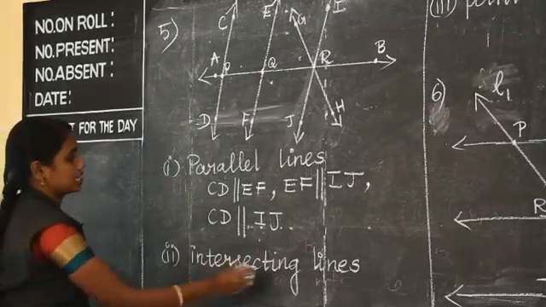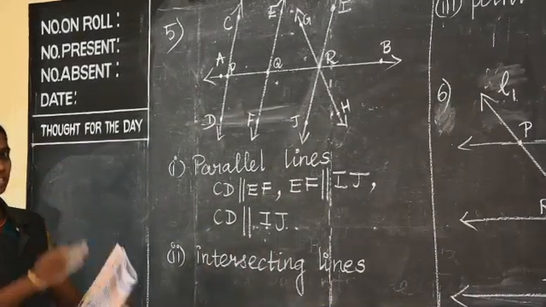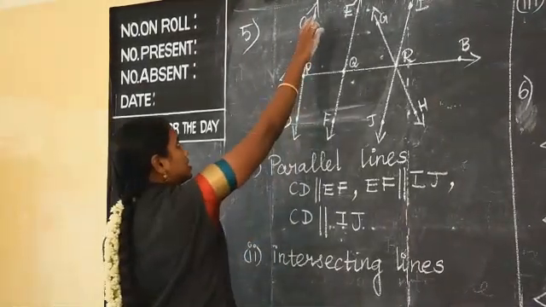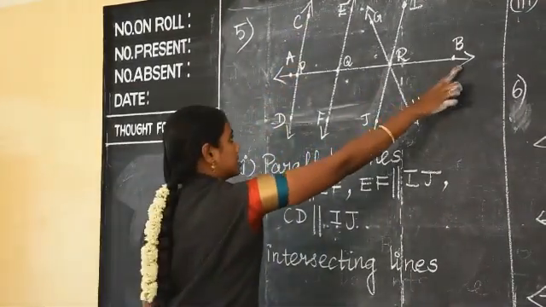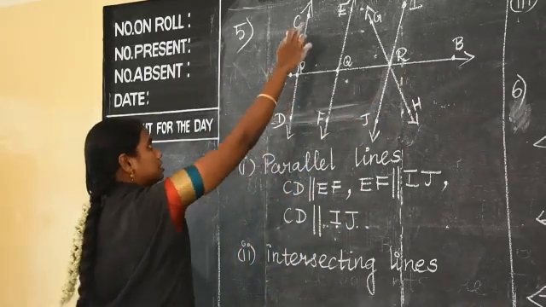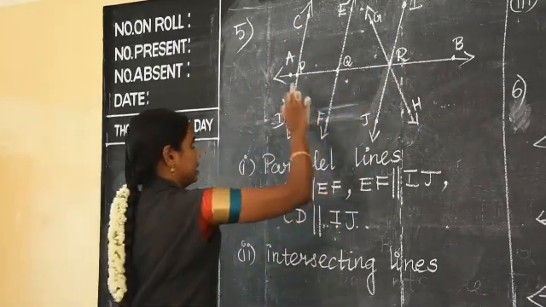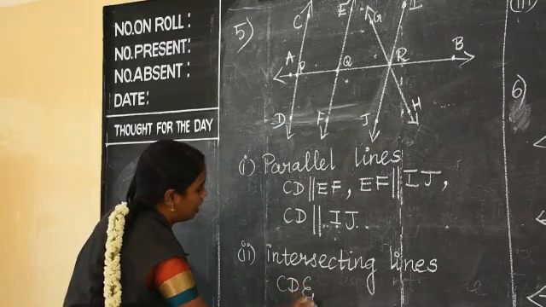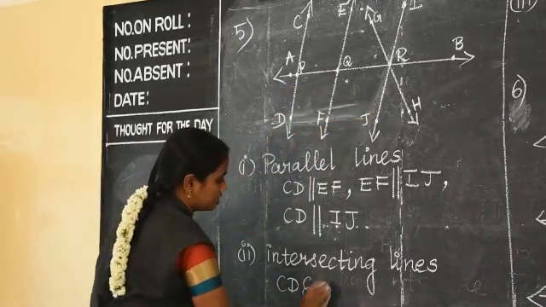Next, intersecting lines. Intersecting means just cutting. For example, this CD intersects this line. Yes or no? This line is intersected by this line, cutting. You can tell CD and AB intersecting.